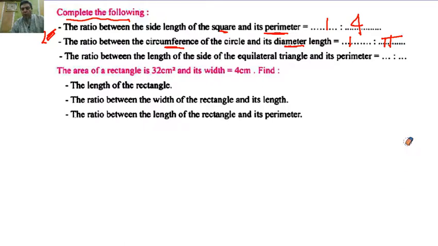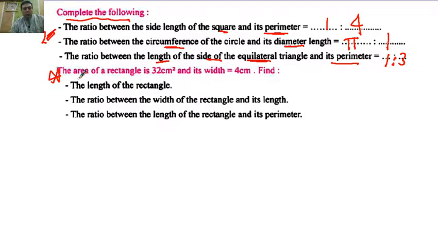It is not 1 to pi, because the circumference is the greatest. The ratio between the side length of an equilateral triangle to its perimeter is 1 to 3.